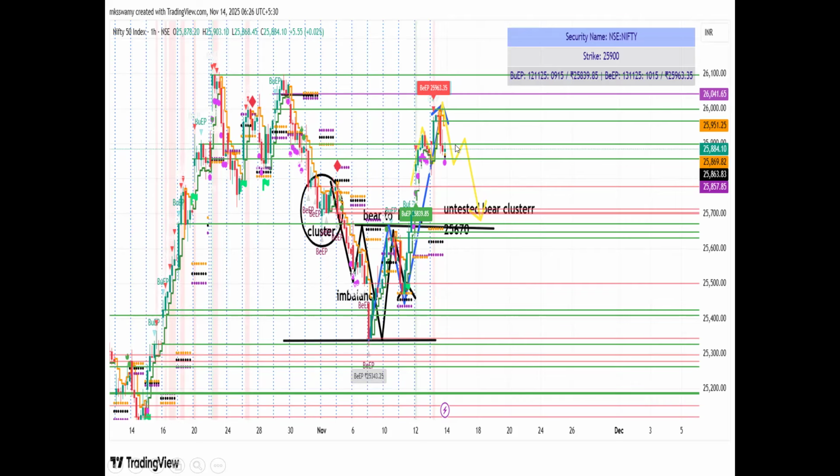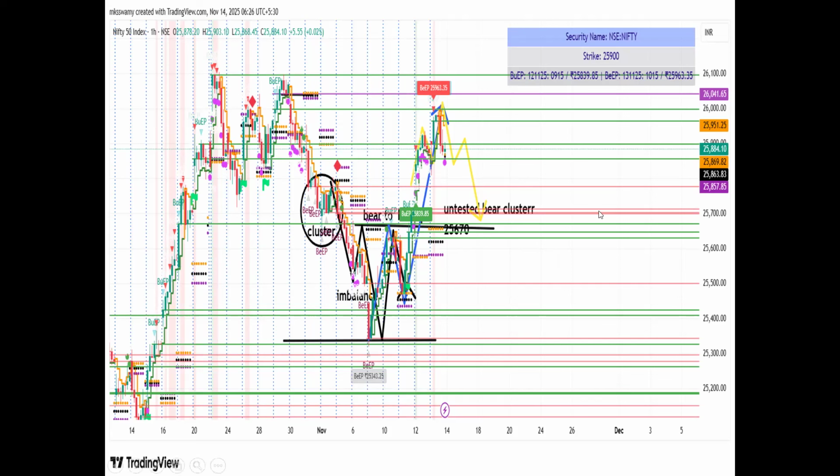Now the market is preparing for the retracement to this untested bear cluster because there were no orders. The market will come back. There is liquidity available for the market, big money, and they can grab that liquidity.